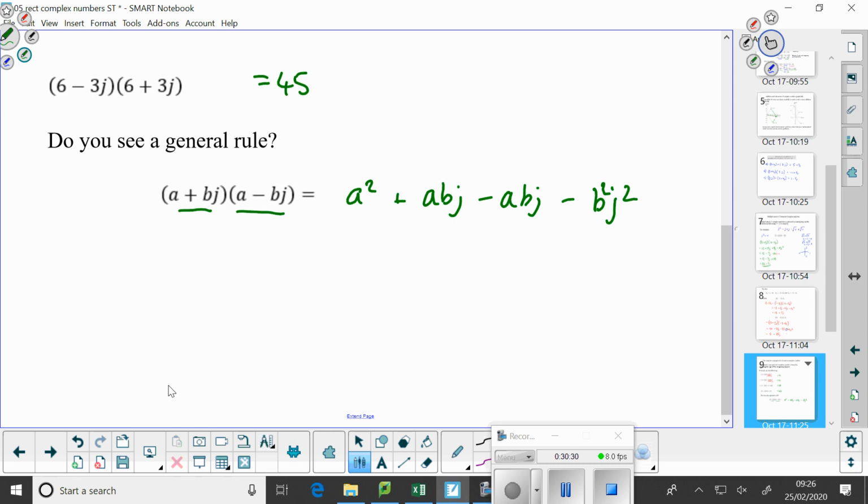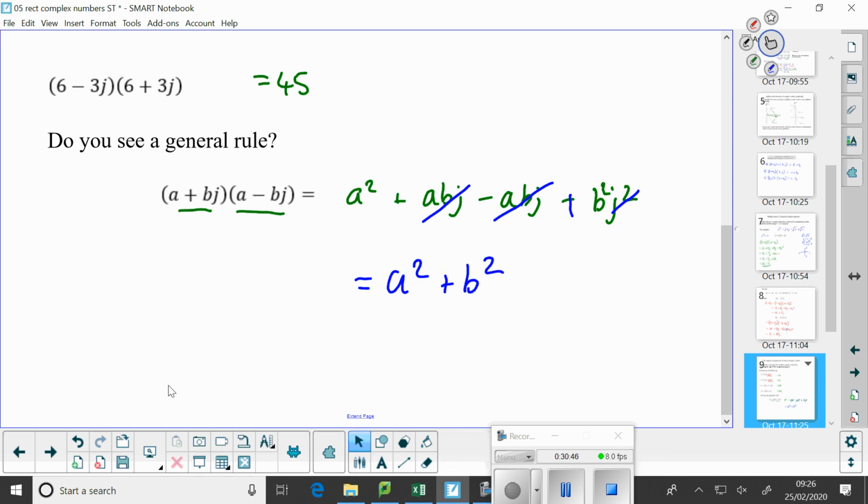These two cancel, and that j squared changes that sign to a positive, so it equals a squared plus b squared.